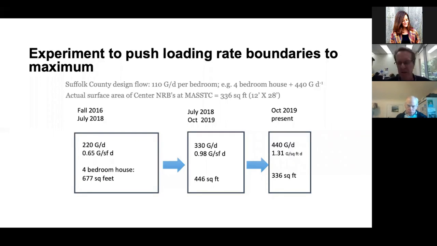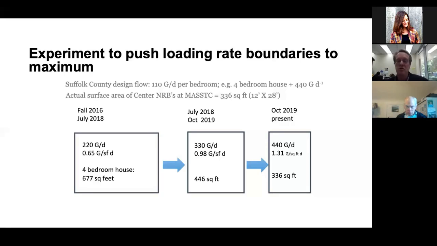So any septic system has to meet a certain gallons per day capacity. So you can do that either by making a bigger system to handle the flow, or loading the flow in a smaller system faster. So what we wanted to do in this experiment was find out if we kept loading it at a higher rate, when would that fail because the loading was too high, and when it did, what was the nitrogen level at that rate?